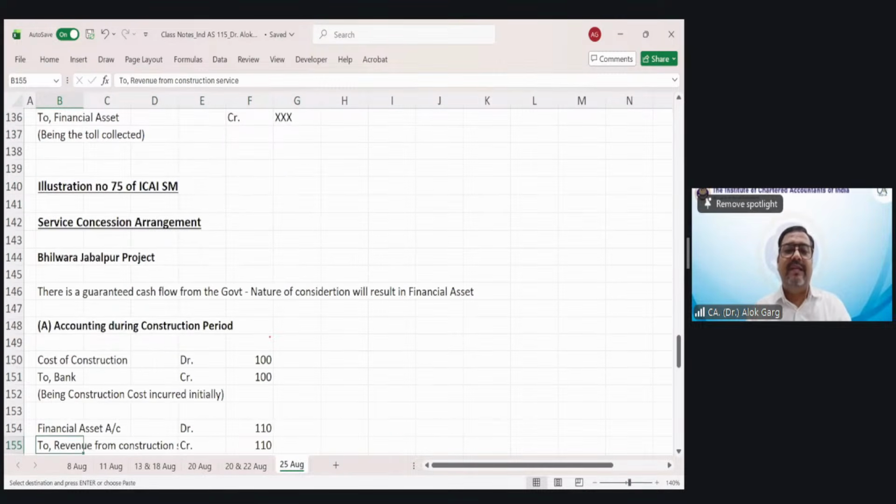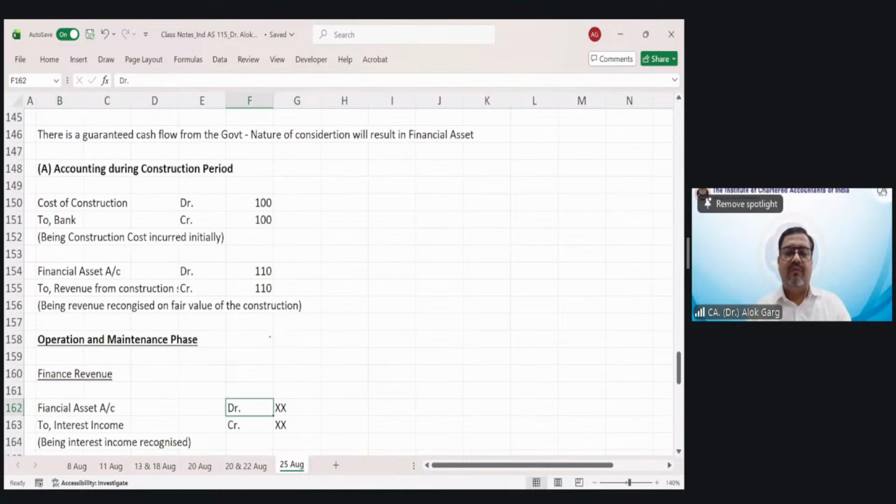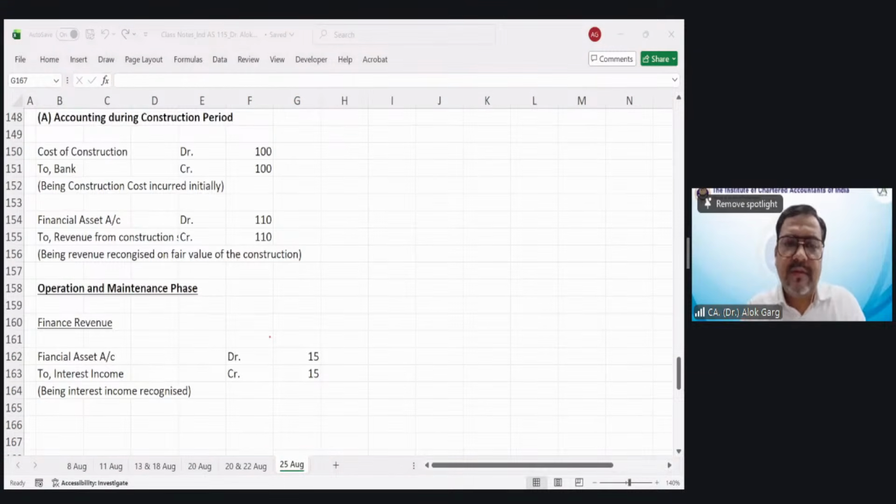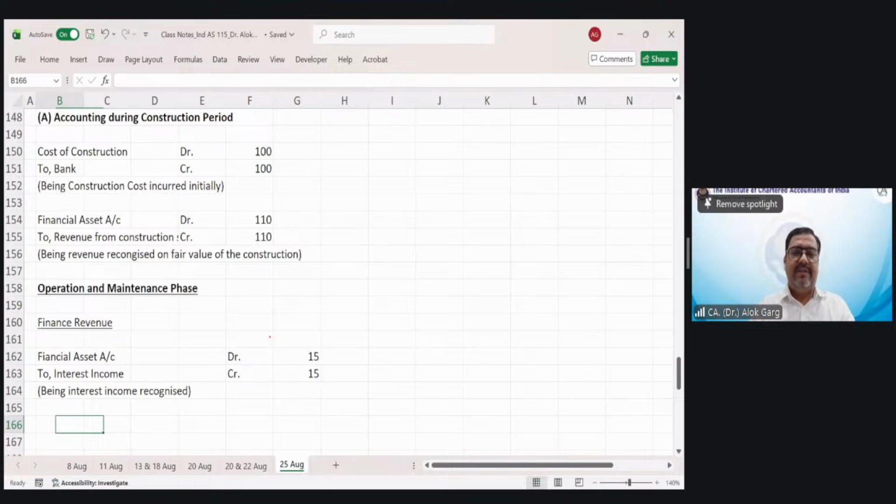They have written 15 crore rupees. This is given in the question. Then 75 crore rupees are other income from the operation phase, right? So we will again pass an accounting entry. Financial asset account debit, right?